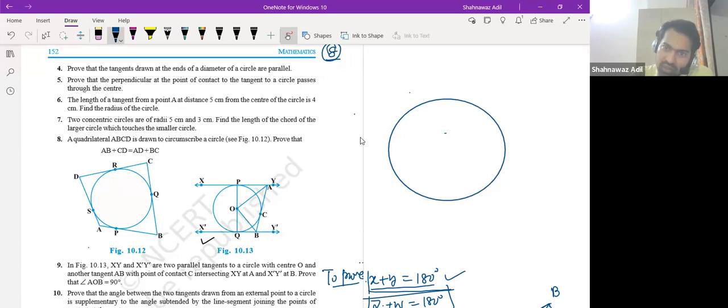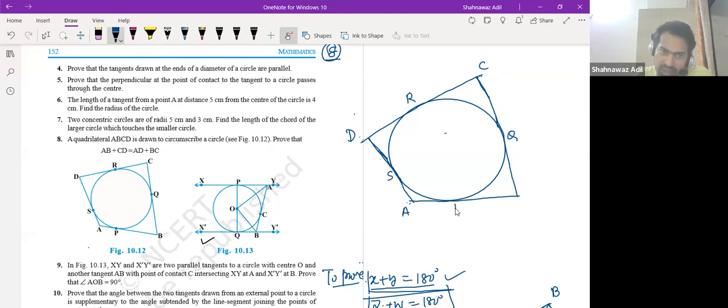So we have this one, and then this one, and then this one. Good. So now we have D, R, C, Q, and S, A, P, and B.